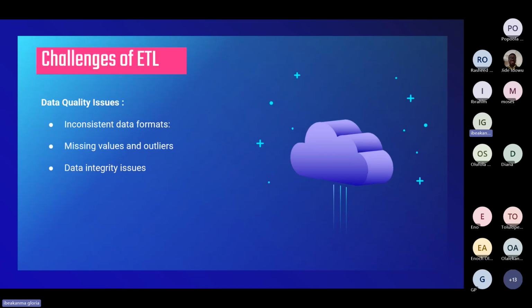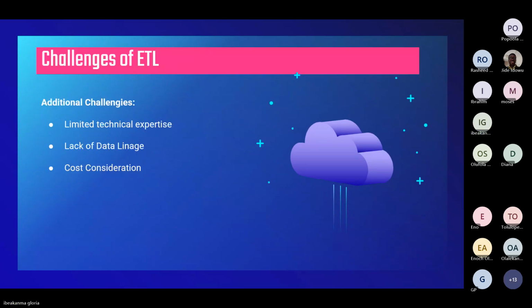What are the missing values? We also have integrity issues, challenges of ETL. We have schema complexity, real-time governance and security, but all of this is handled on the Fabric side. So let's quickly look at additional challenges that we have.